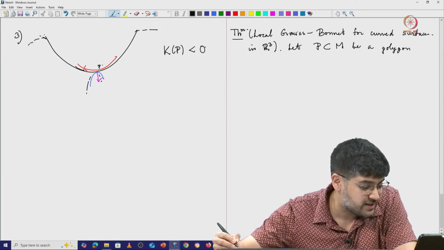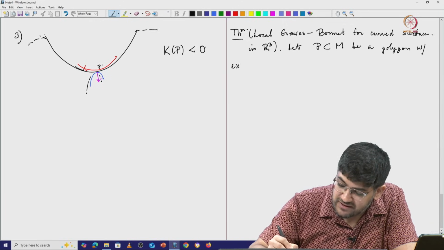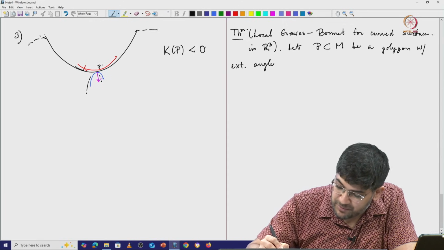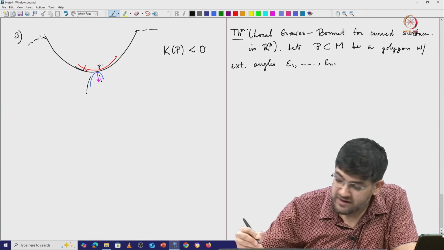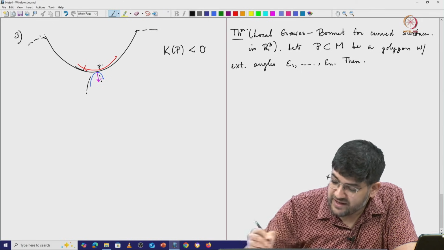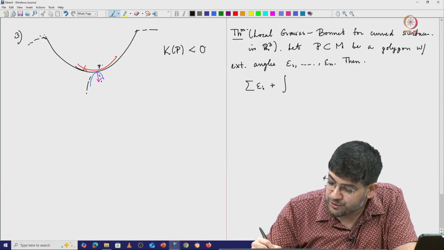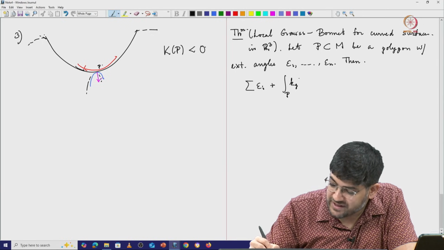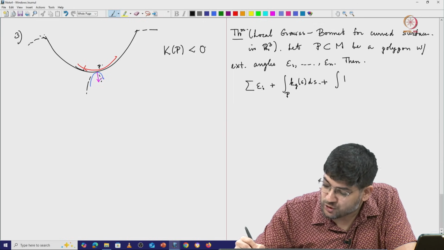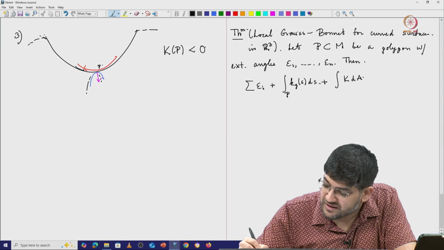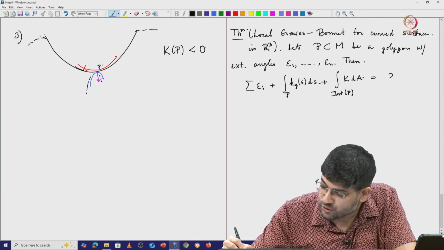Let P be a polygon contained inside M with exterior angles, again with the proper sign convention, epsilon 1 up to epsilon n. Then if you calculate the sum of the external angles, add a contribution that comes from the geodesic curvature of the edges, and add the total curvature contained in the interior of the polygon, then that ought to be 2 pi.